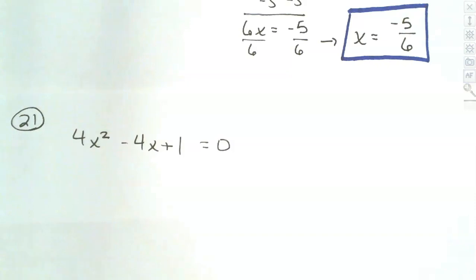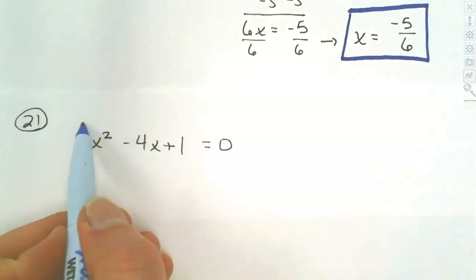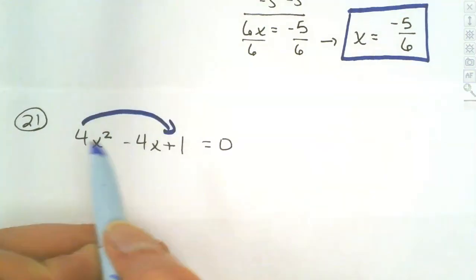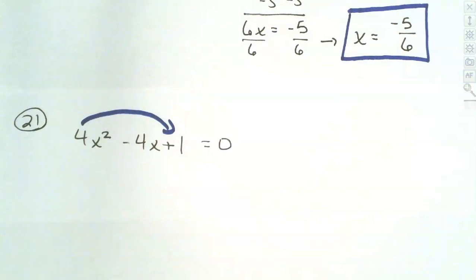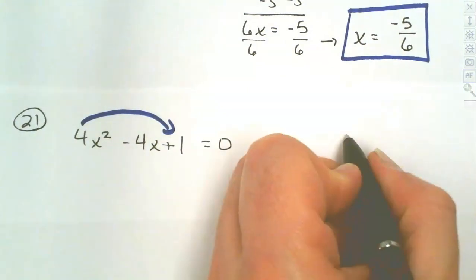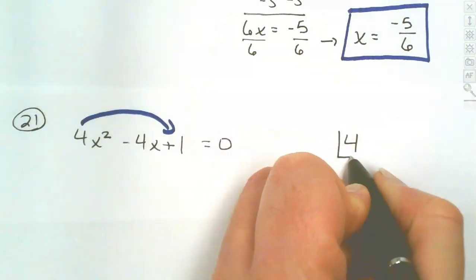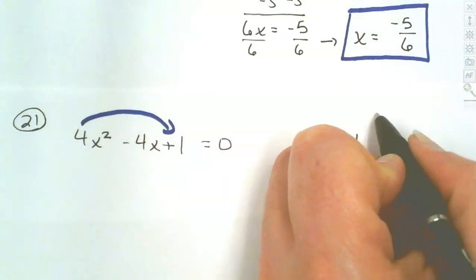Has it already been set to 0? Yep, it has. What do we now do? We take the first times the last. Watch your signs. Positive 4 times a positive 1 makes it a positive what? 4.